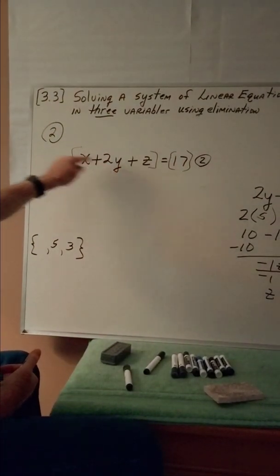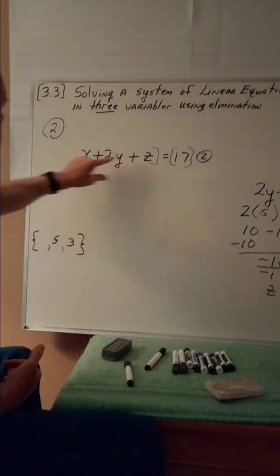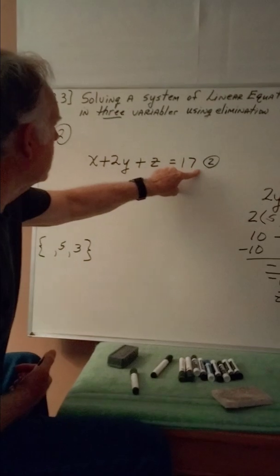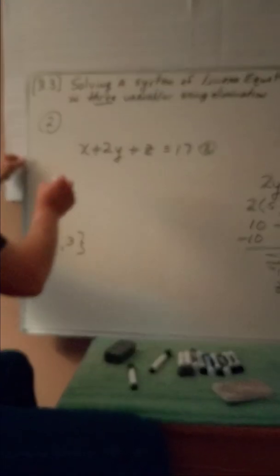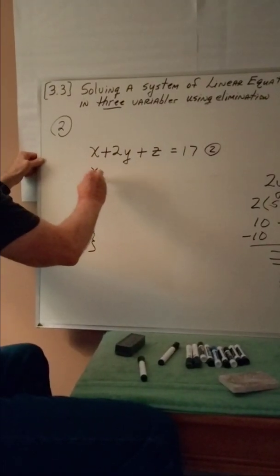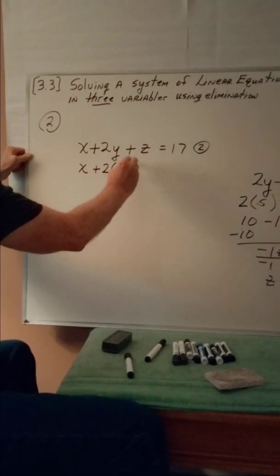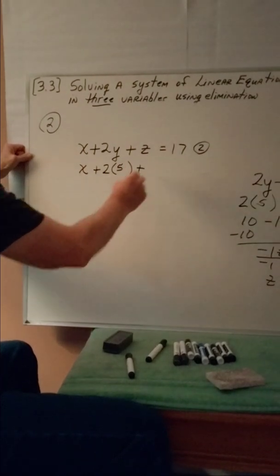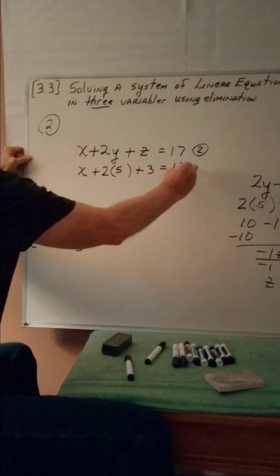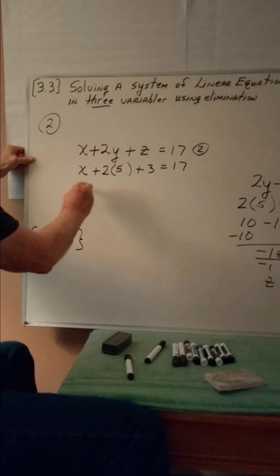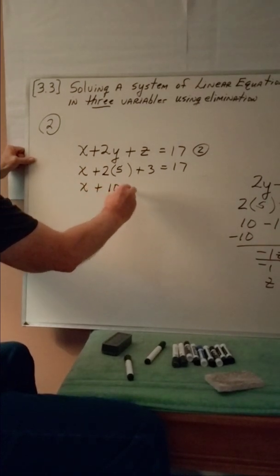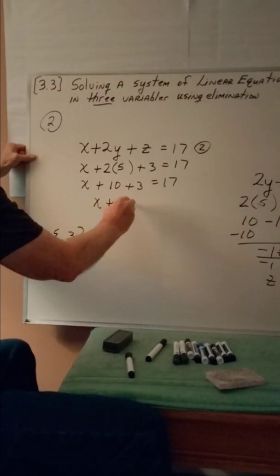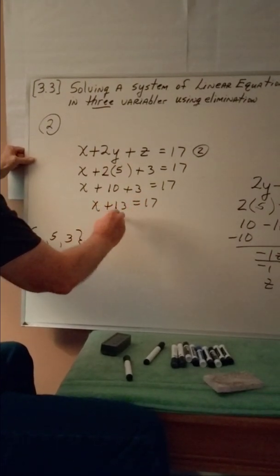x + 2y + z = 17. We need x, so we bring down the x, plus 2 times the value of y, which is 2 times 5, plus the value of z, which is 3, equals 17. x + 10 + 3 = 17. x + 13 = 17.